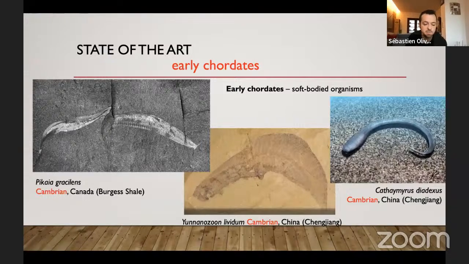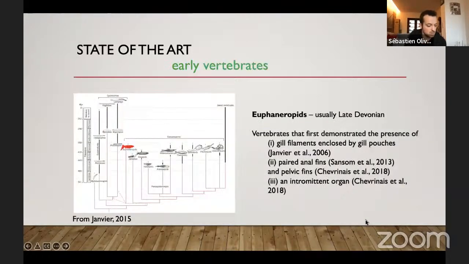Here are some examples of presumed early chordates. They are all Cambrian in age and come from Canada and China. My postdoc project also focuses on another group of deuterostomes, the euphaneropids, that are a group of early vertebrates.